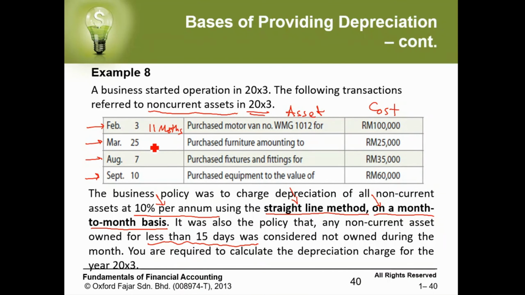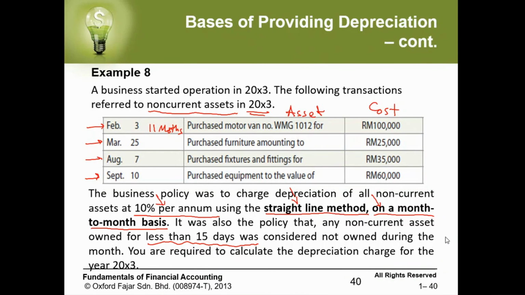So, second asset, how many months? We bought it on 25th March. You decide, 10 or 9 or what? Keep in mind that any asset held for less than 15 days in the month is not considered held in that month.